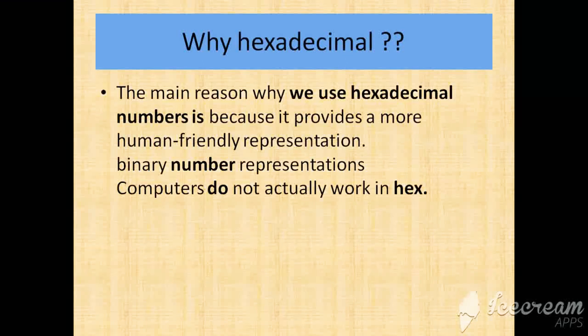Now what about hexadecimal? One thing, computers do not use the hexadecimal number system, but it is human friendly and it uses 4-bit digits, right? Let me show you what I mean by 4-bit. See here, 4 digits are there now.